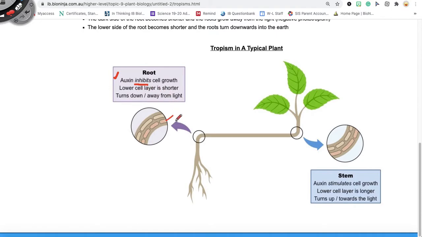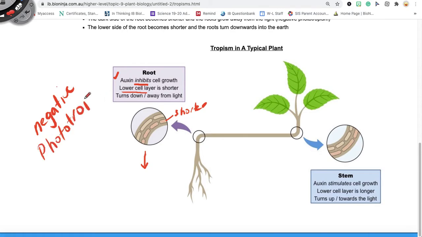So that means that this lower cell layer is going to be shorter than the top cell layer. So then this top cell layer is going to force the root to turn down or away from the light. So the root is going to go down. And this is what we refer to as negative phototropism, because you're moving away from the light.